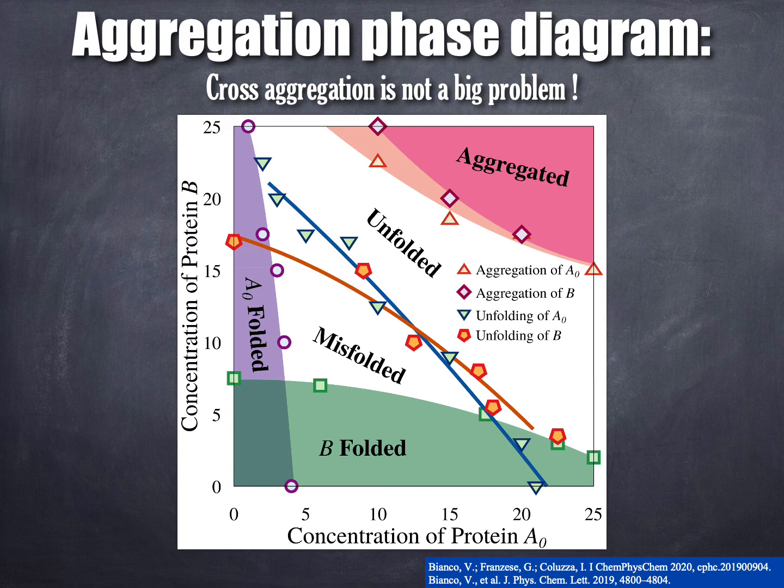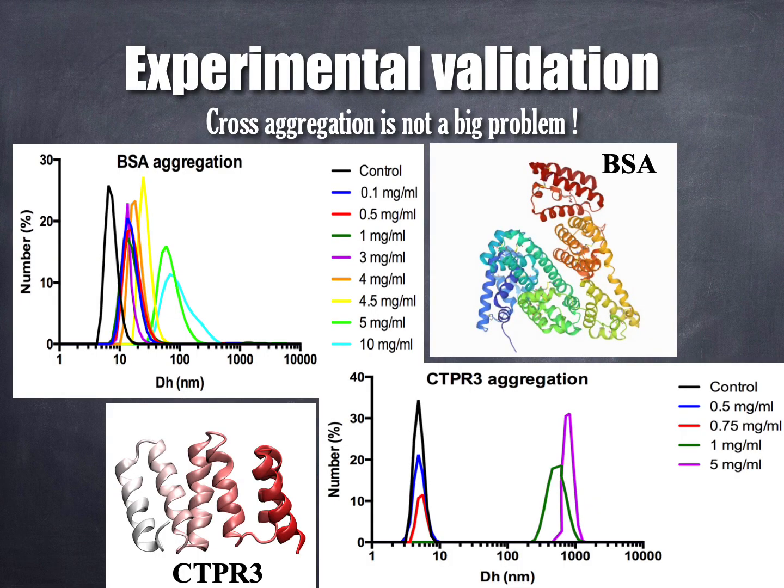proteins in solution. And so we tested this experimentally, and we considered 2 proteins that are evolutionarily disconnected. So in other words, these 2 proteins that we consider, namely the bovine serum albumin and the CTPR3, so this is a trimer of the CTP protein, are evolutionarily disconnected proteins, so they have no common evolution history.